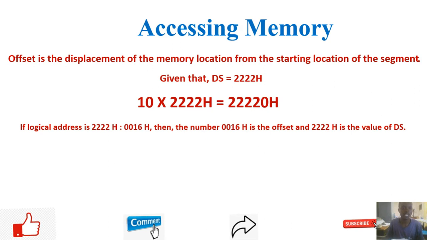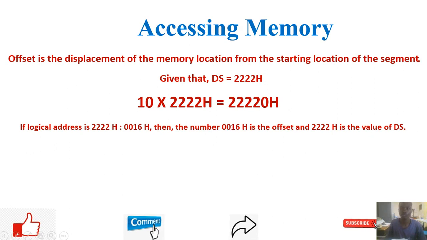Now if the logical address is given like this, quad 2h colon 0016h, then this means that 0016h is the offset and quad 2h is the value of the segment register, in this case the data segment.